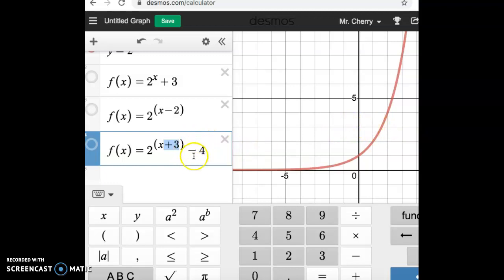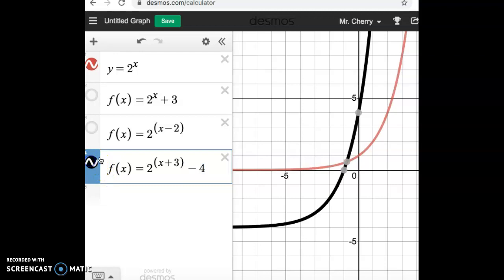I also notice here that we put this minus 4 at the end, so that's going to cause the curve to move down 4 places. So this is going to be a double shift. We're going to shift to the left 3 units and down 4 units from what we are calling our parent function. So let's close this and let's see what happens.